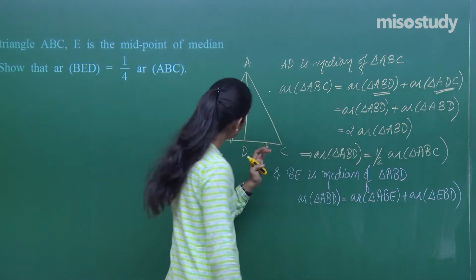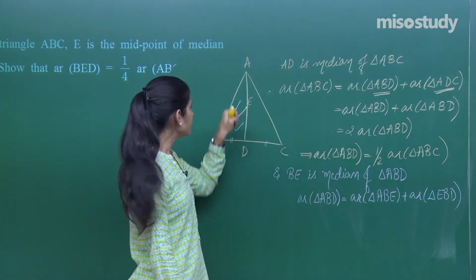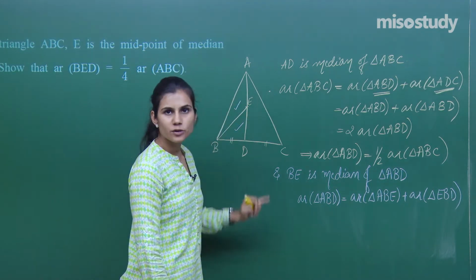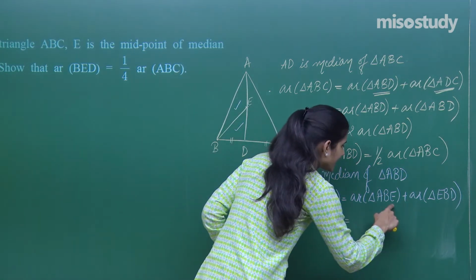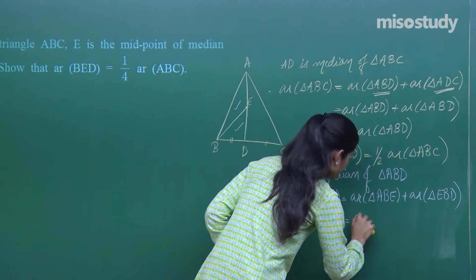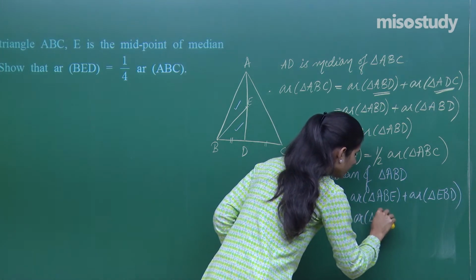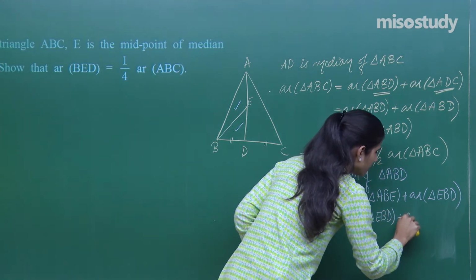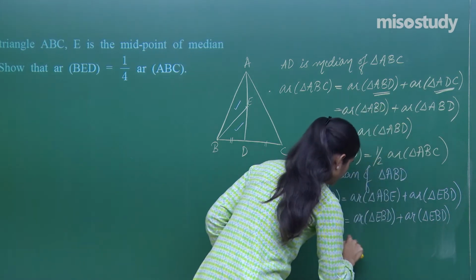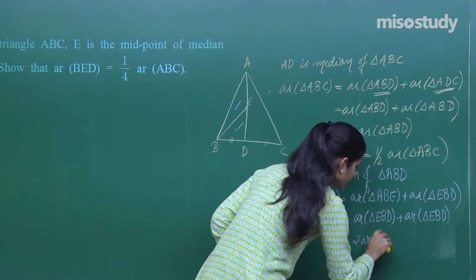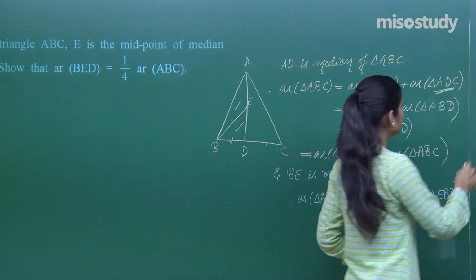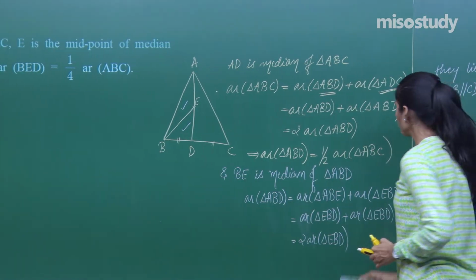And because I know these two triangles have same area, because the median divides a triangle into two triangles of equal areas, I will write area of triangle ABE also as area of triangle EBD. This is area of triangle EBD plus area of triangle EBD, which is twice of area of triangle EBD. So what is area of triangle EBD therefore?